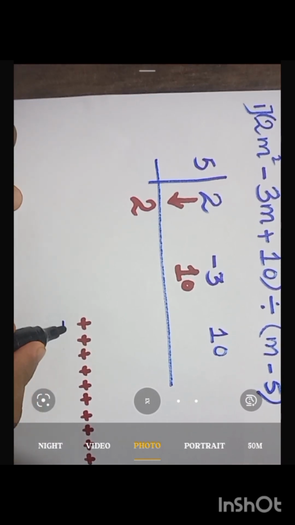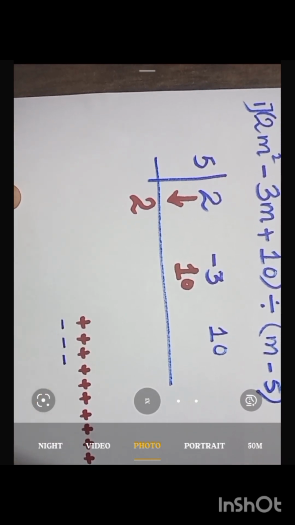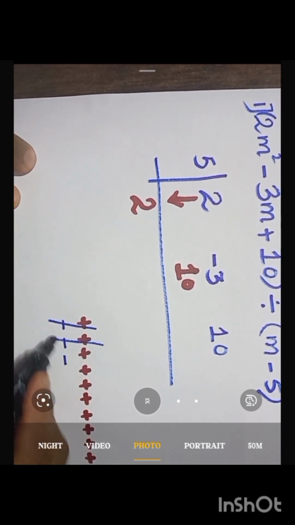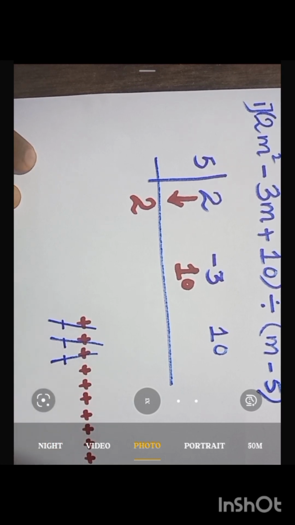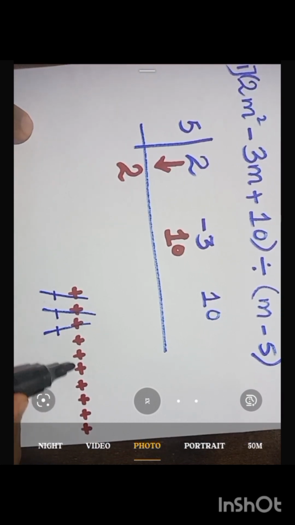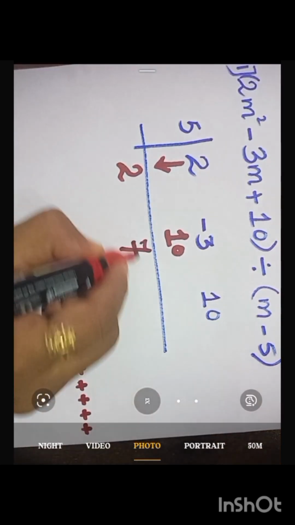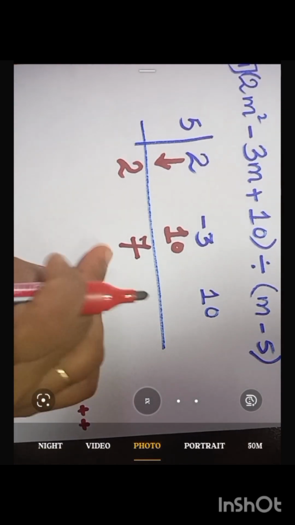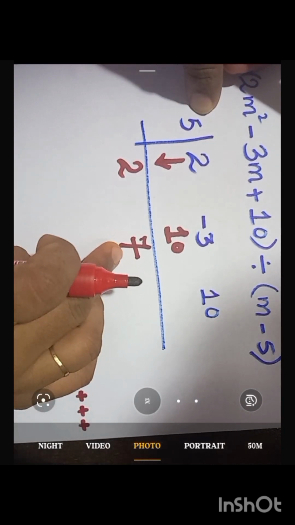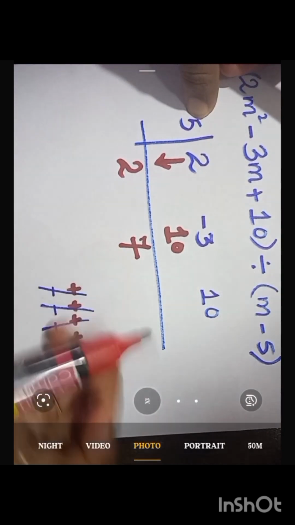Now you can see 1 plus and 1 minus get cancelled, 1 plus and 1 minus get cancelled, 1 plus and 1 minus get cancelled. So what is remaining? 1, 2, 3, 4, 5, 6, 7. 7 positive charges are remaining. So my answer would be 7, positive 7. If we don't give a positive sign, that's understood, it is positive. Now we have got 7 here.